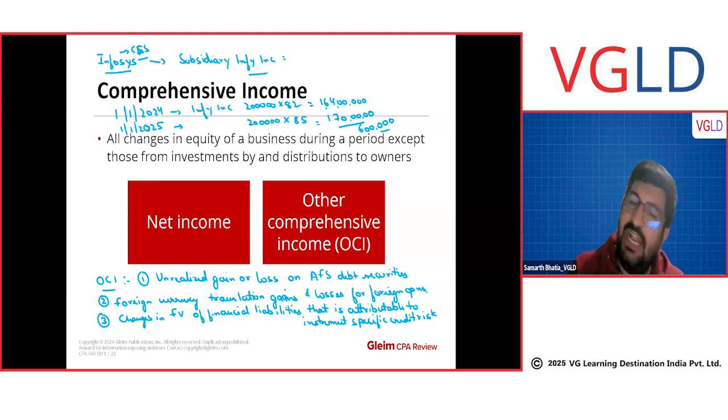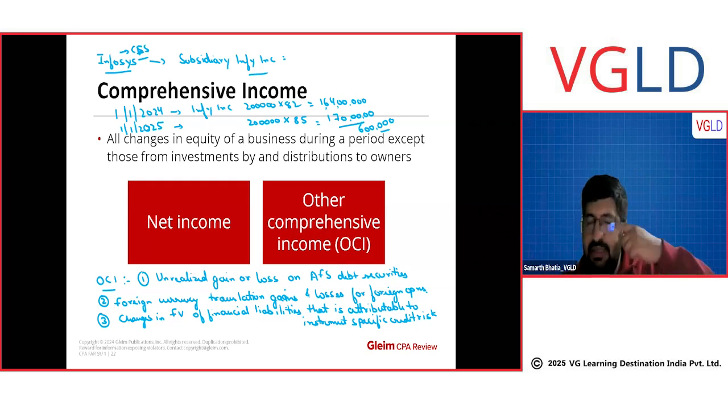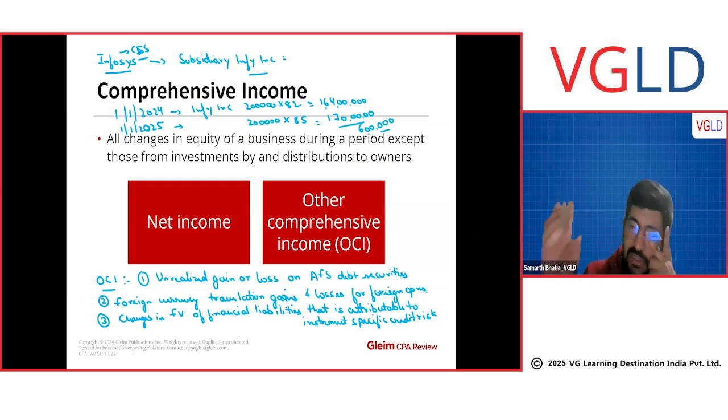So because of that, what happened? The financial liability's value can increase or decrease. Just like we have issued bonds, and there is a likely chance that the value of the bonds will increase in the market. And when the value of the bonds increases in the market, it means we have to pay more to clear our liability.